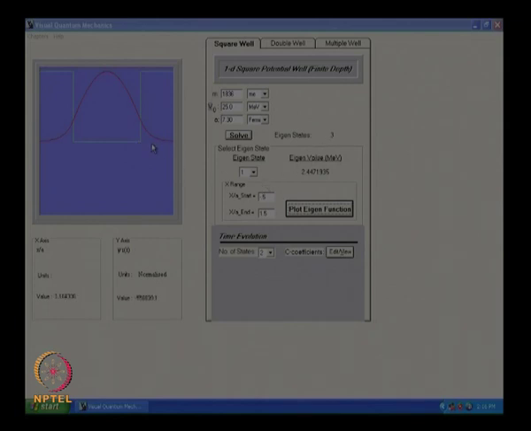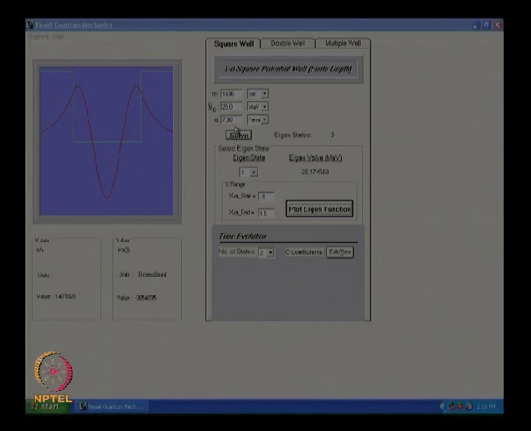The ground state will be a symmetric function of x, which has an energy eigenvalue of 2.45 MeV, and the second one will have an eigenvalue of 9.55, which is an antisymmetric function of x, and the third eigenstate will have the energy 20.17, and again it is symmetric.